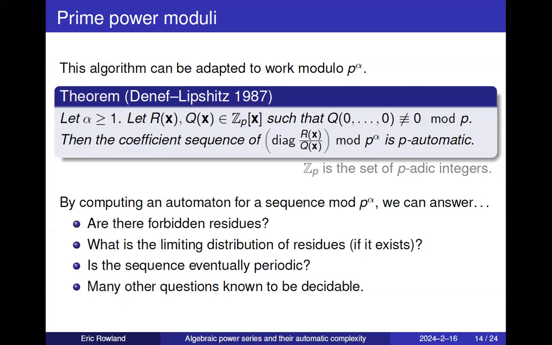So maybe there's something that corresponds to the ones with differential equations. Yeah, that's a great question. When you take a general sequence whose generating function satisfies a differential equation and you reduce mod p, I don't think it's going to be p-automatic in general. Maybe there's something else. Yeah, exactly.